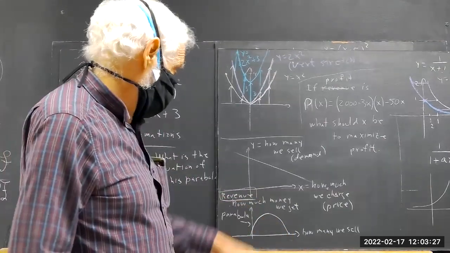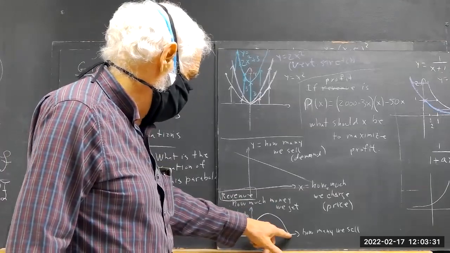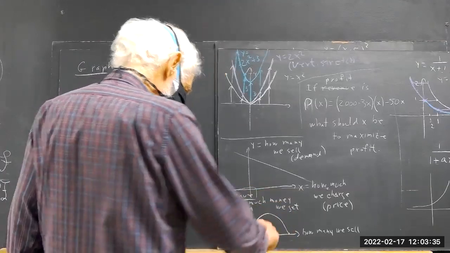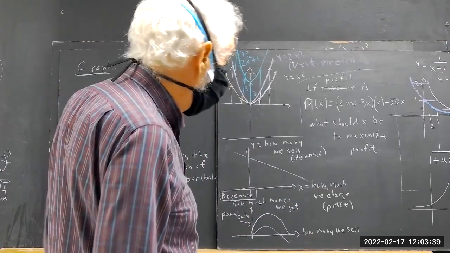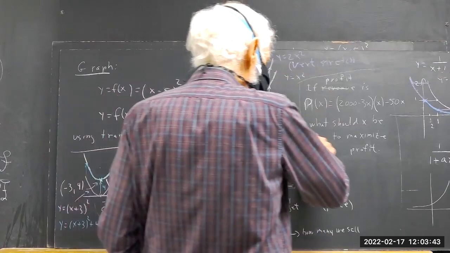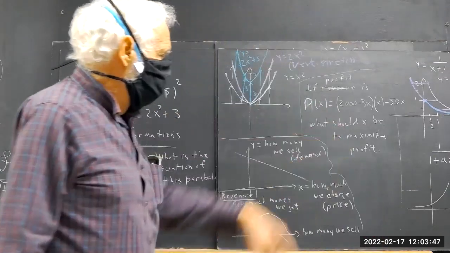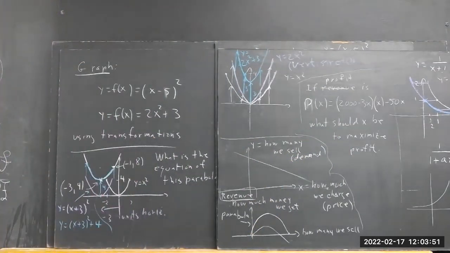And it would still go through this point, but it would go through this point. That's good, that's straight. There it is. So the purpose of it: what should x be to maximize the profit?